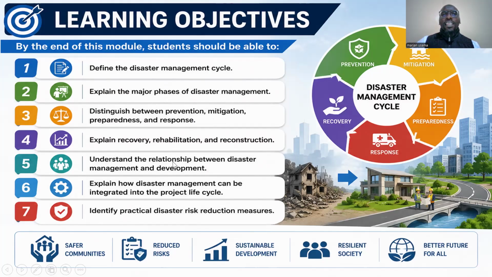Then understand the relationship between disaster management and development. Then explain how disaster management can be integrated into the project life cycle. Then lastly, you should be able to identify practical disaster risk reduction measures. So in brief, this is what we are going to cover in our lesson today.